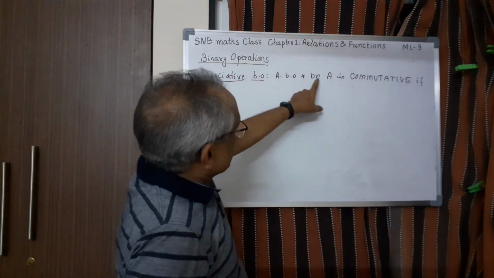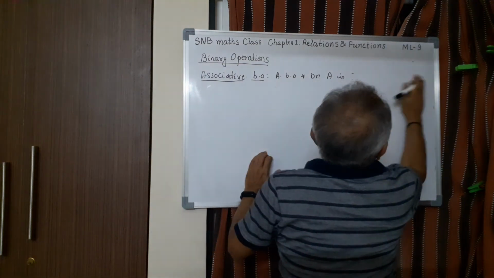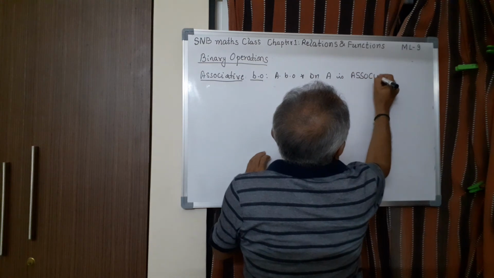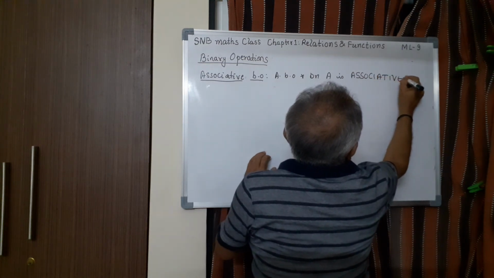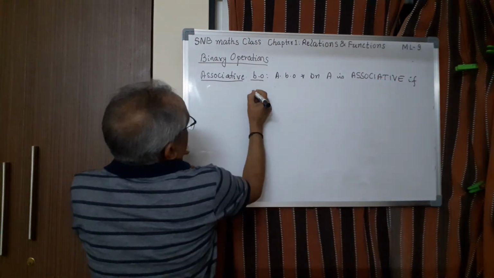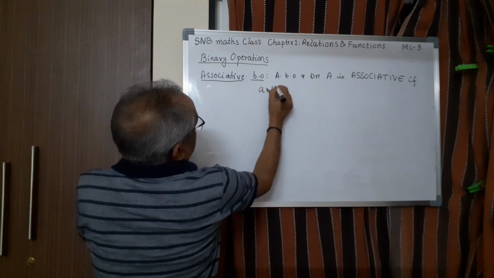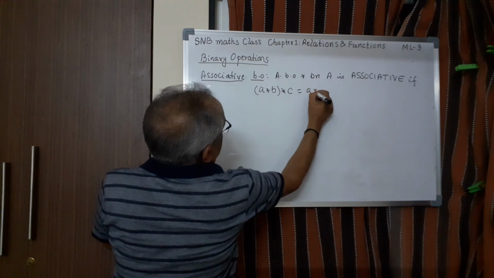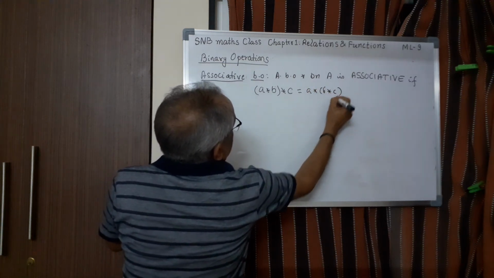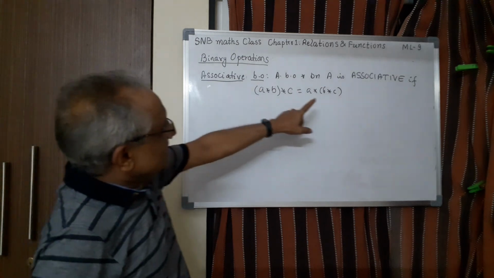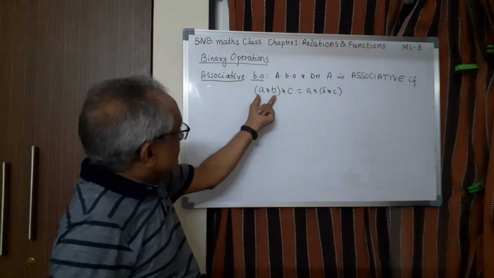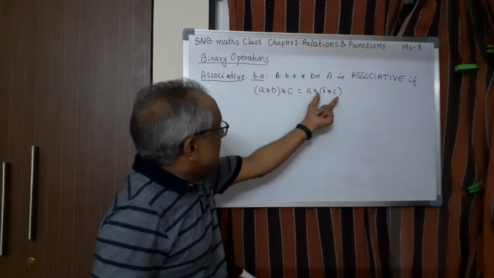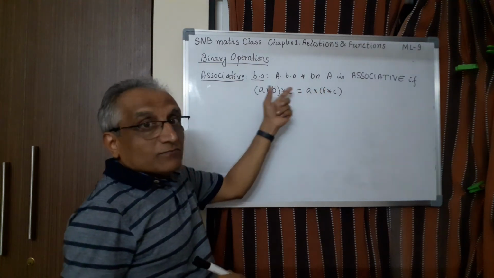A binary operation star on A is associative if A star B star C equal to A star B star C. That means, given three elements A, B, C, first you take A star B, with that you take C, or first you take B and C, then with that you take A, both should be same.